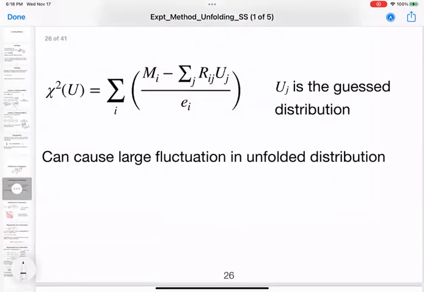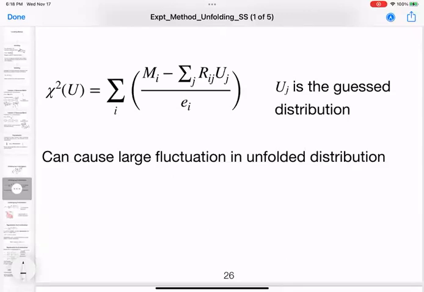Similarly, we can define our chi-square here, where mi is your measured distribution, u is the guess distribution, rij is your response matrix, and ei is the error on your measurement.